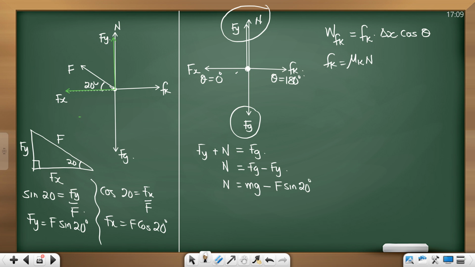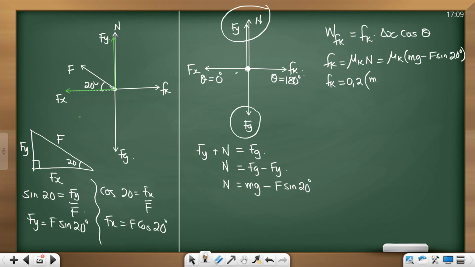I hope my analysis makes sense to you. All right. So now can we get our friction? What is our coefficient? 0.2. What is our N? Let's bring that in. Into bracket mg minus F sine 20 degrees.